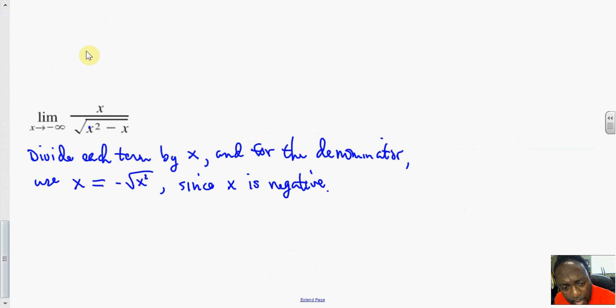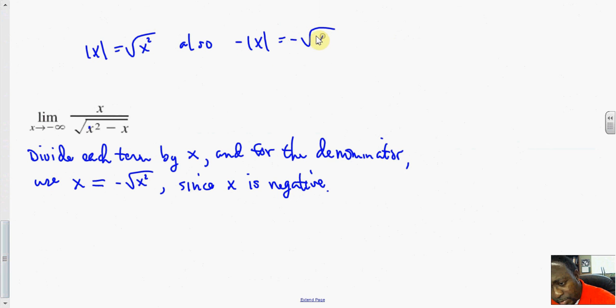We know that the absolute value of x is defined as the square root of x squared, and so negative the absolute value of x is negative the square root of x squared. That's what we're using downstairs. x itself is negative, so we just write divide by x in our numerator.